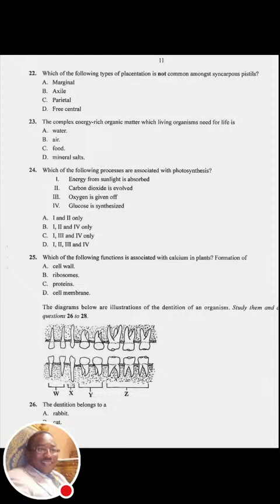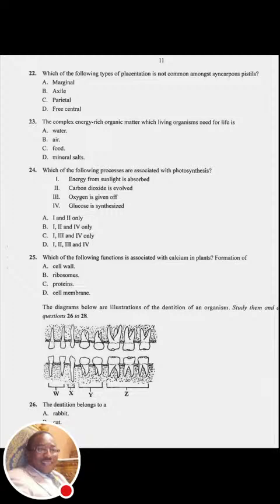Water is basically for metabolic reactions. Air contains oxygen, which is used for aerobic respiration. Mineral salts assist in chemical reactions in the body. But food, whether carbohydrate, protein, fat, or oil, gives energy-rich organic matter to the body. That is why the answer is option C in number 23.